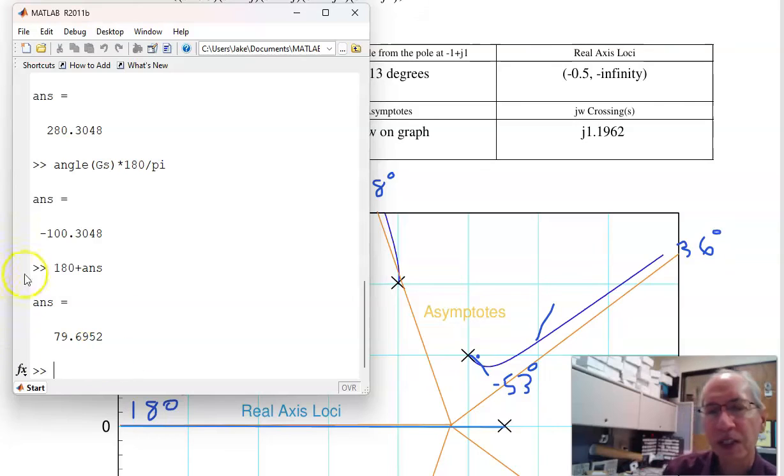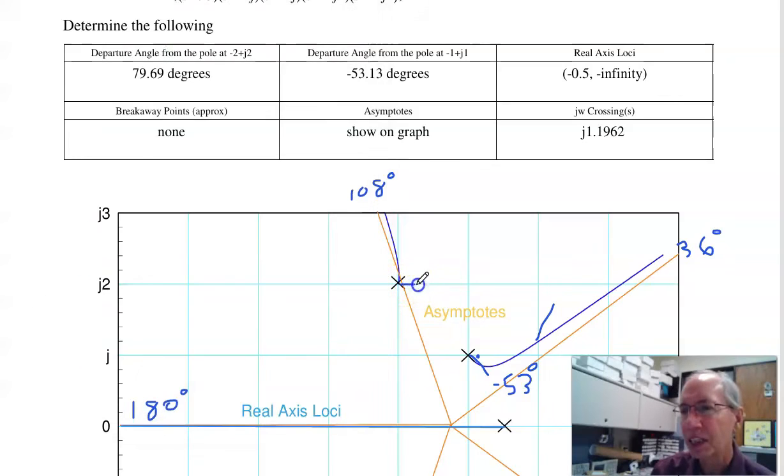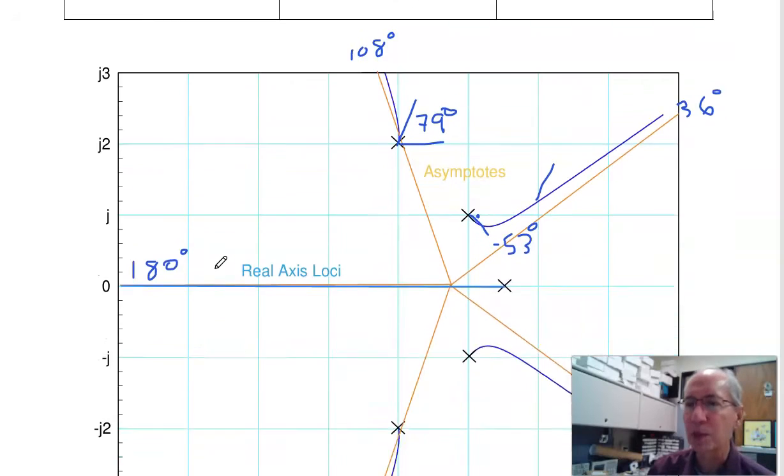I want to subtract another 79. Since this is a pole, when I divide, I subtract. So if the angle is plus 79 degrees, that'll subtract 79, putting me at 180. And you can see that from here. This is actually at 79 degrees, plus rather than minus. That's my departure angle. So that's problem number 1.